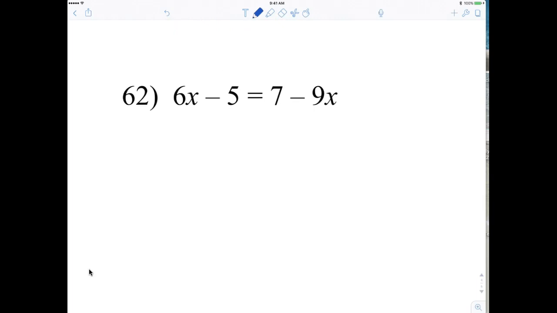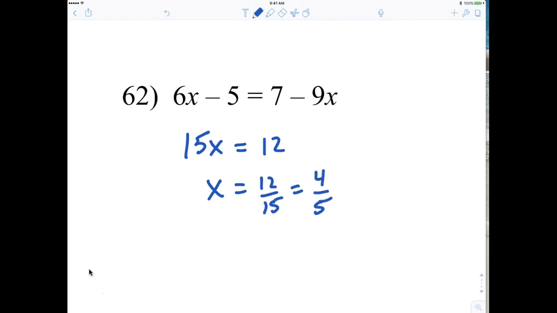So you should be able to say that 15x is equal to what? 15x is equal to 12, right? So x equals 12 over 15. And of course, we're reducing that by a factor of 3, so I'm left with 4/5. Nice, right? That's not that bad.